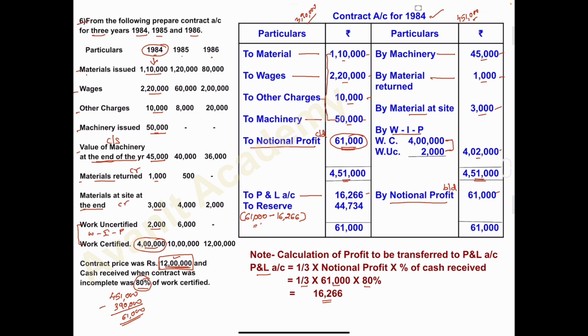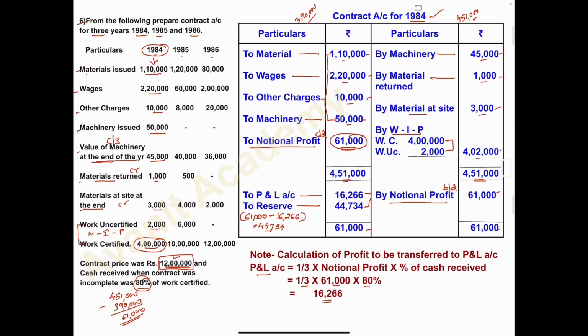You will get 44,734. This amount is transferred to reserve. Got it, all of you? Out of this 61,000, 16,266 is transferred to profit and loss account and the remaining to reserve, that is 44,734. The total of these two is 61,000, and the same here, 61,000. So that is the contract account for the year 1984.